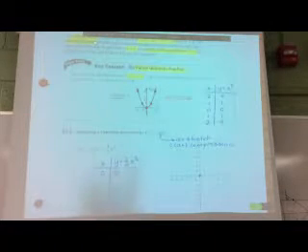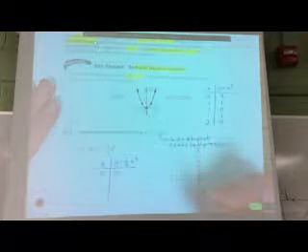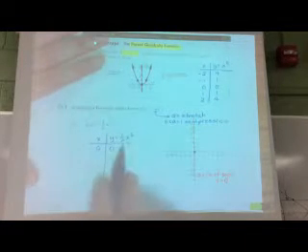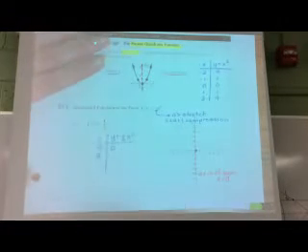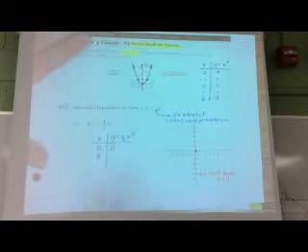But if I can find the points on one side, the points on the other side are mirror images because I'm going to have an axis of symmetry like this. So axis of symmetry, and that is the line x equals 0. All right, I have a fraction, so if I'm doing points, it's nice to put in a 2 instead of a 1 because 2 divides by my denominator 2.